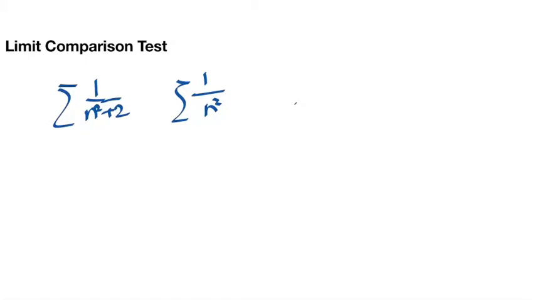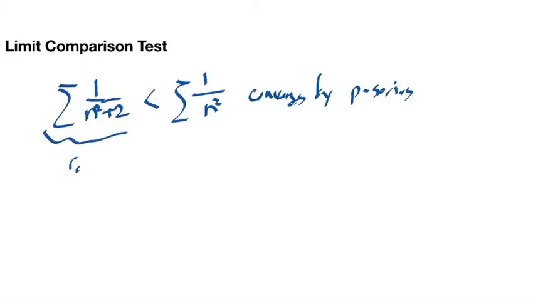Oh, I put my inequality the wrong way. Right? And so what you see is that these must always be bigger, because if you add 2 to the denominator, it makes the value smaller, and this converges by p-series. And so then this one should also converge by p-series.